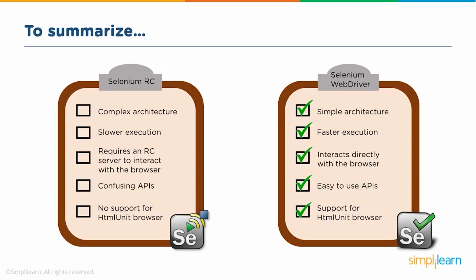RC requires an RC server to interact with the browser, whereas Selenium WebDriver interacts with the browser directly using the WebDrivers. Also, we saw that the APIs RC provides are pretty confusing, while in WebDriver we have much easier to use APIs. RC has no support for the HTMLUnit browser, which is a headless browser, while Selenium WebDriver also provides support for HTMLUnit.